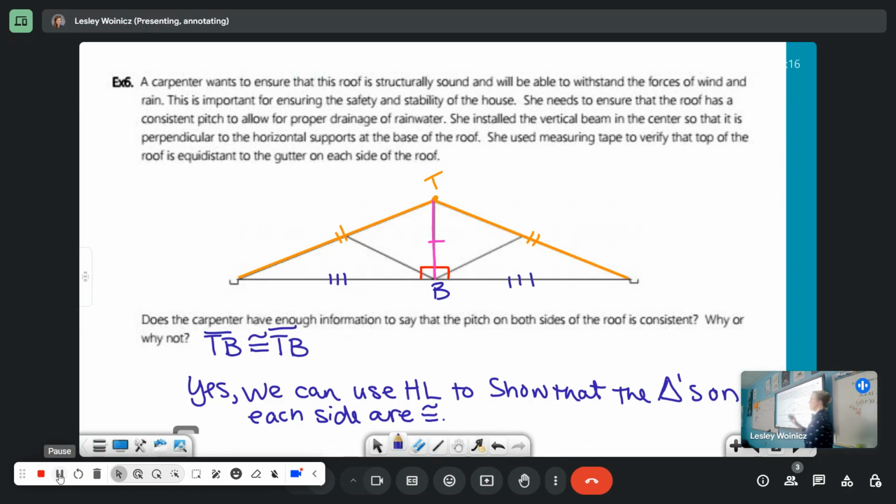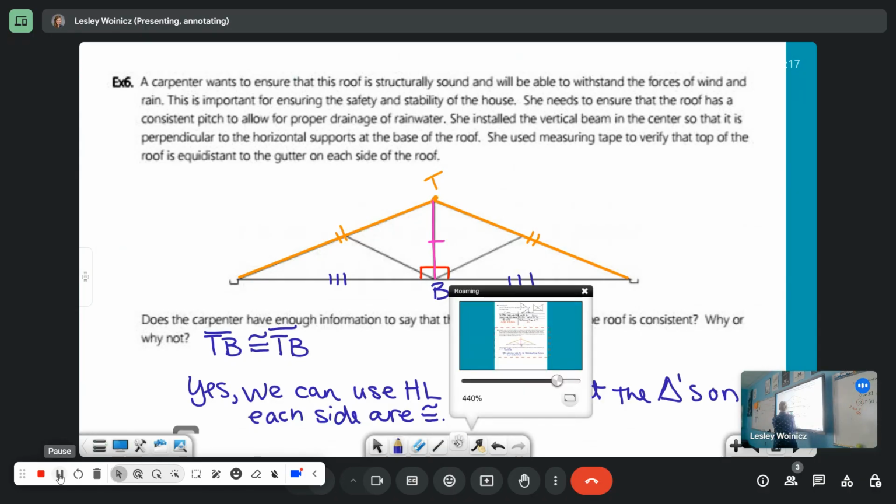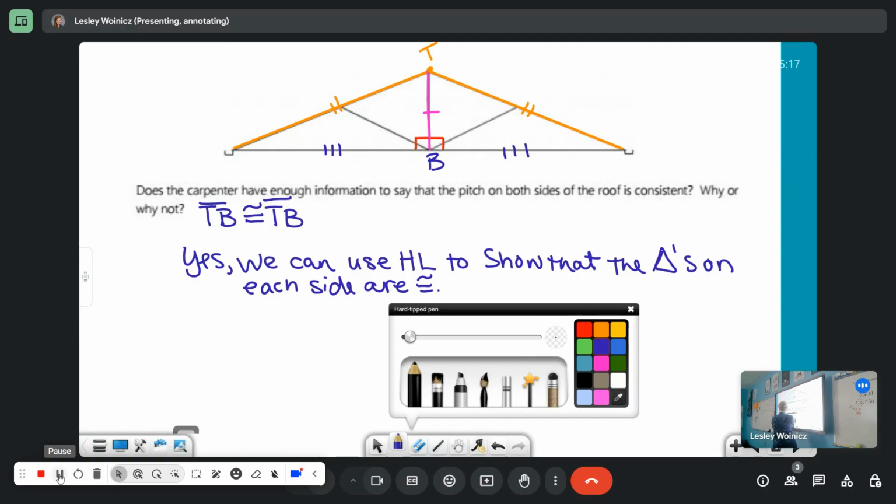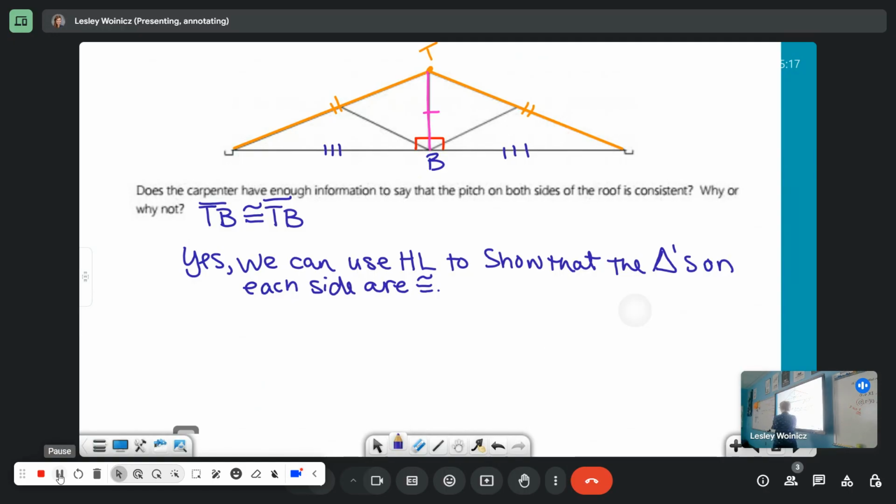And this sort of brings us to our next set of notes, which is to say that once we have our triangles proved congruent, we're allowed to say that their corresponding parts are congruent. So the parts that we didn't have any information about before, after we've shown that the triangles are congruent, we know that those parts are also congruent, the corresponding ones. Okay?